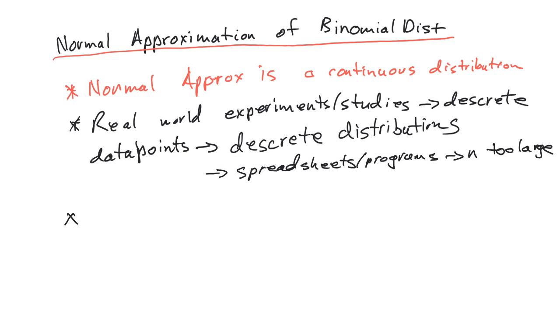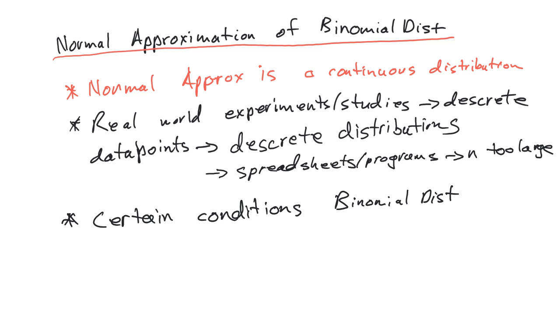Now, basically what you need to understand is that under certain conditions, the binomial distribution can be approximated by the normal distribution.